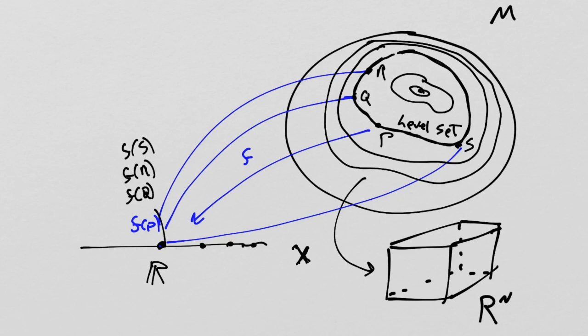And there's a single point in the middle that is its own level set, and it's like the maximum value of the function f, or the minimum value of the function f on the manifold. So this is one way of understanding a function on the manifold: you look at all of its level sets, and that gives you some kind of intuitive picture of how that function behaves.